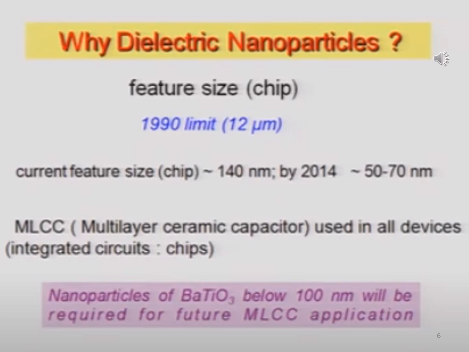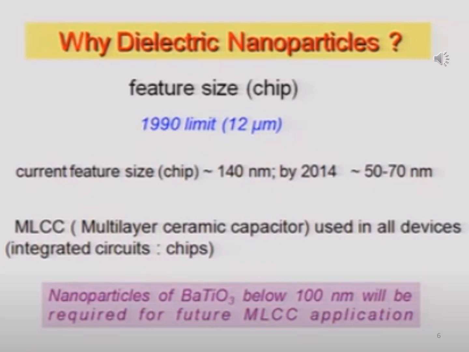As we are talking about the multi-layer ceramic capacitor that is being used in these chips, the thickness of these layers should be reduced. Multi-layer means that several layers of these ceramic capacitors are involved.